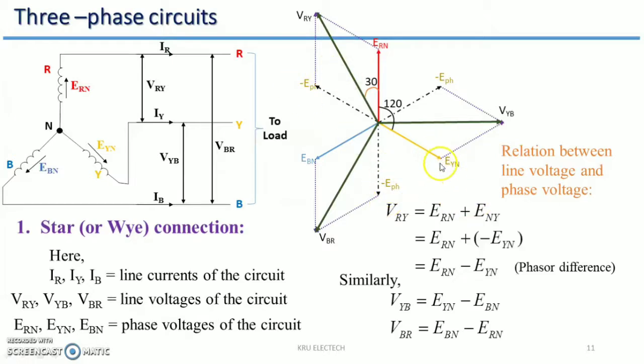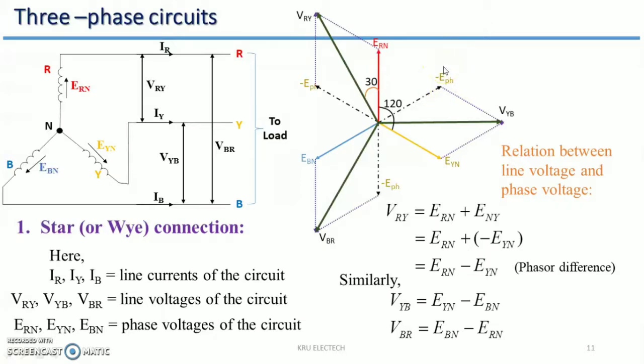And this side is minus EY. This is positive, so the reverse direction is negative. The same for B: this is minus EB.